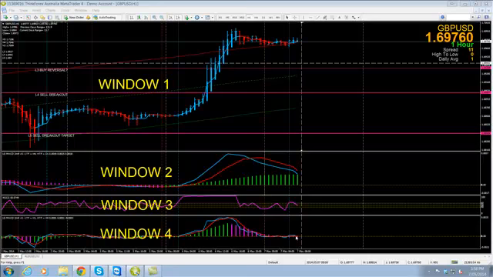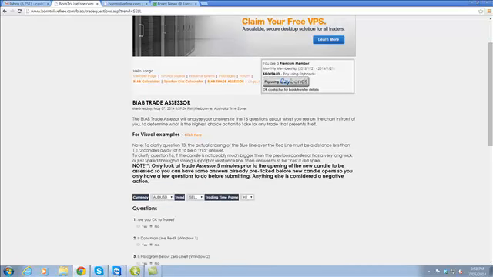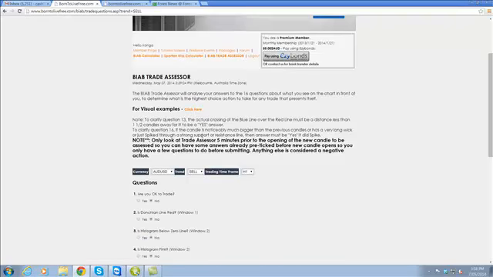Once we've decided that, all we need to do is log into the website and bring up your trade assessor. You get the trade assessor, calculator, forum, and you'll have all your questions here.